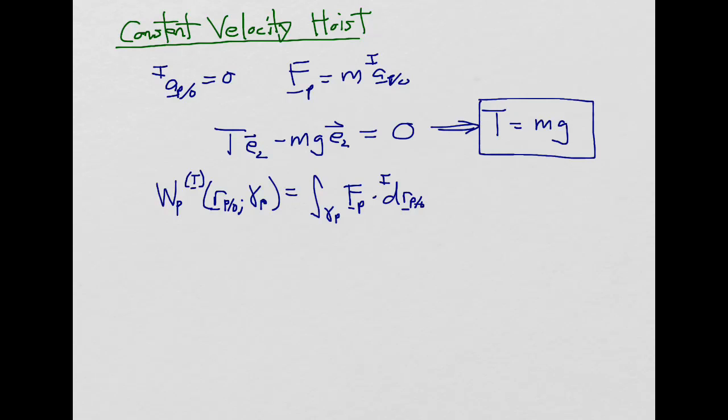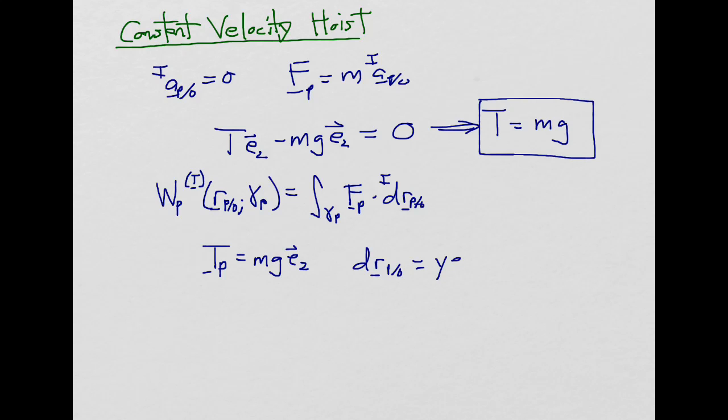So nothing's changed in our work formulation except for our force, where our force P is going to be equal to our tension P, and that's equal to our mass times gravity, in the E2 direction. Our incremental step is the same.